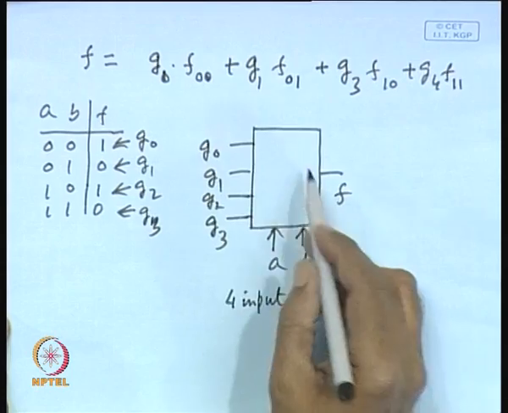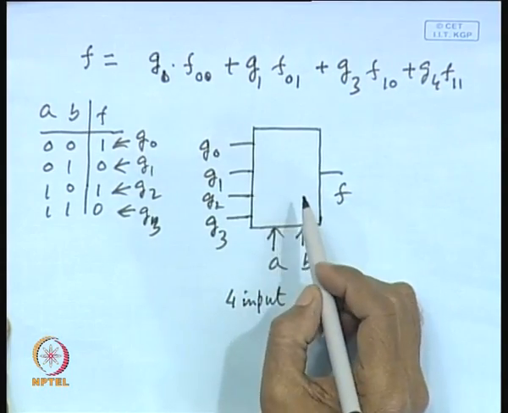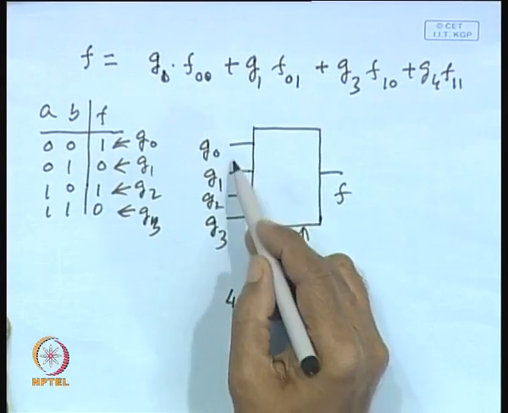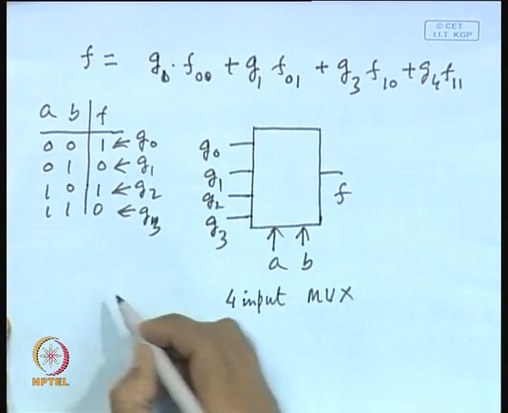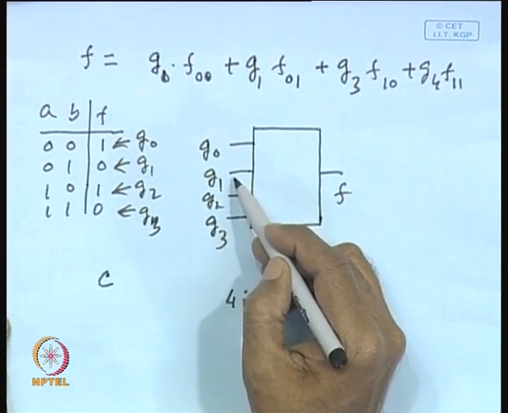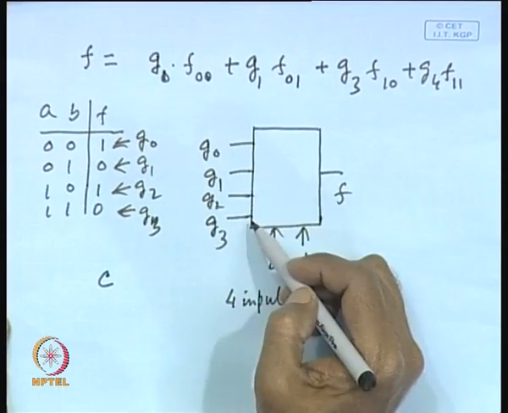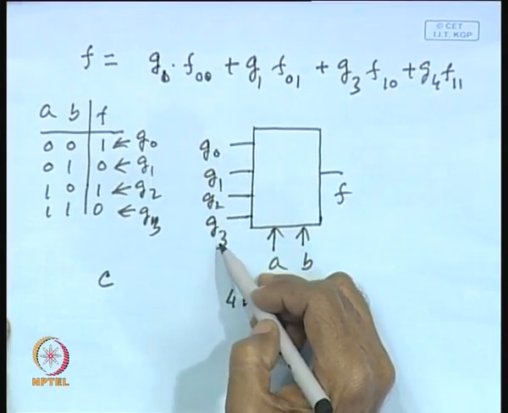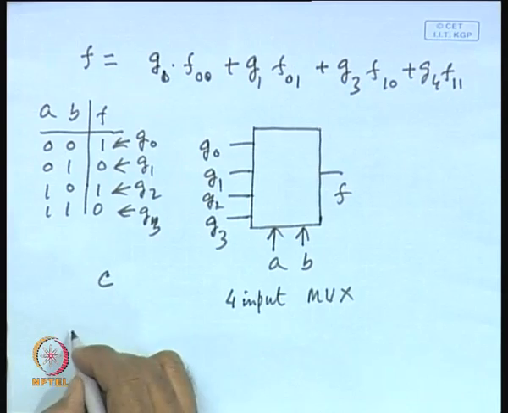Not only that, later on I shall prove also, instead of applying 0 and 1 here, if you can apply one variable here also, suppose there is another variable c. What you can do, you can apply 0, 1 or c and c dash. If you are allowed to do that, that means a 4 input mux can realize any function of 3 variables. You can expand around a and b, then these functions G0, G1, G2, G3 are known as reduced functions.